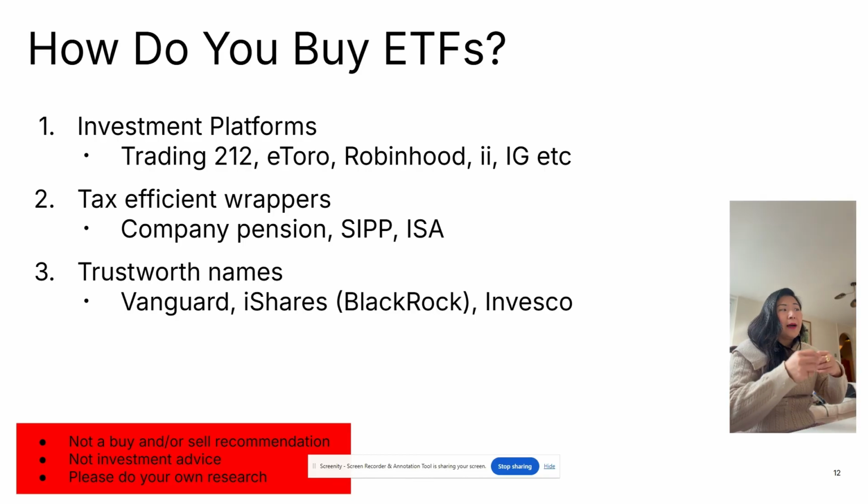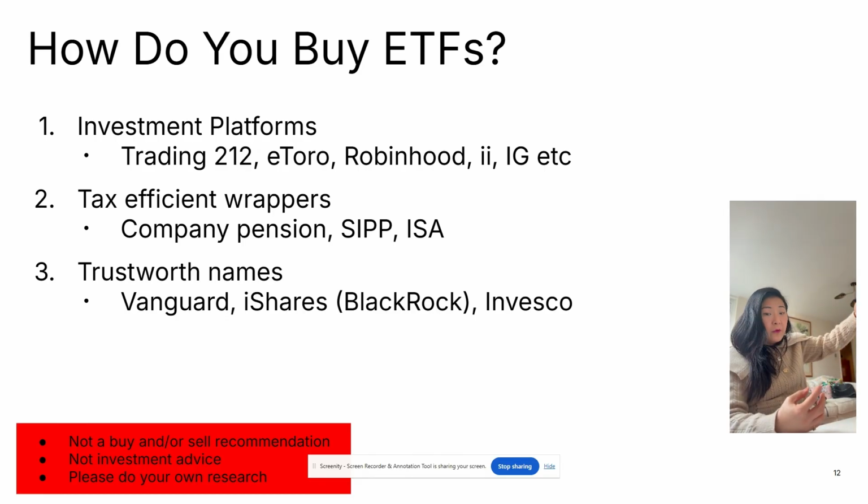You probably can't buy an ETF directly from Vanguard, and even if you can, it might not be tax efficient, for example. But what you could do is open an ISA account with, let's say, Trading 212, and through Trading 212, you buy an ETF that is managed by Vanguard. That's how it works. That's the relationship of these different players in the market.